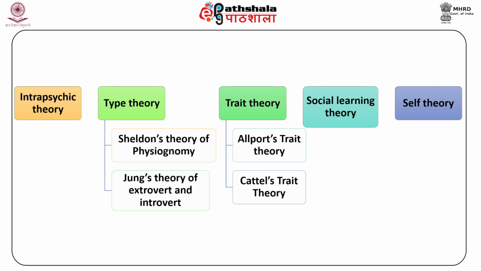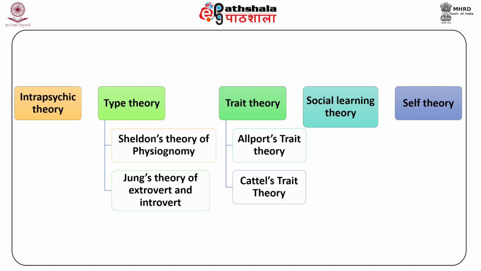The next theory is the trait theory. Trait theory is an extension of type theory. Instead of types, the trait theory believes that individuals can be described in terms of traits. There are 2 types of trait theory, one given by Gordon Allport and the other by Raymond Cattell.